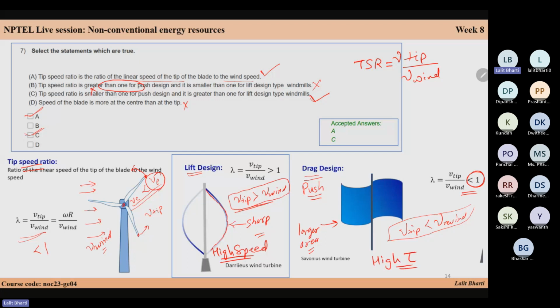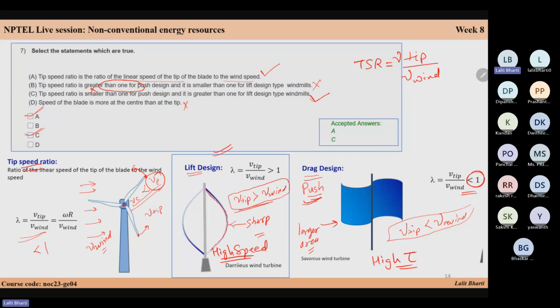Then statement C is that tip speed ratio is smaller than 1 in push design and greater than 1 in the lift design. So that is correct. This is the push or drag design, and the middle one is your lift design. So statement C is correct.